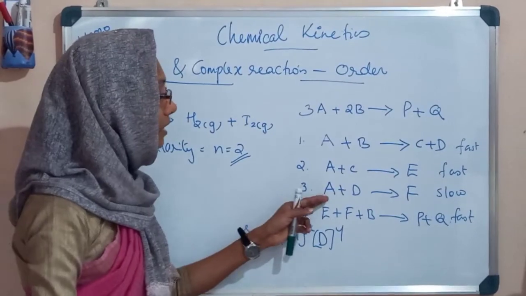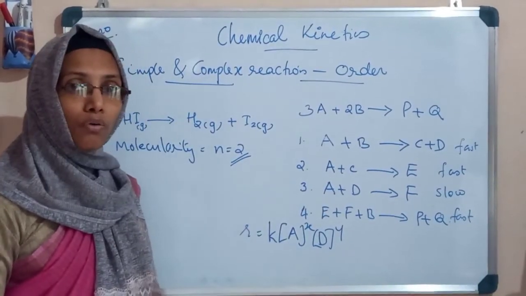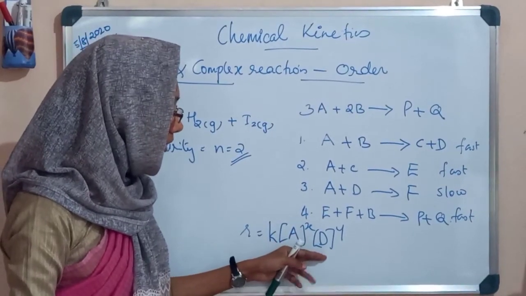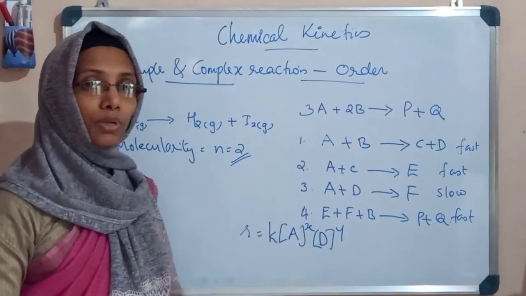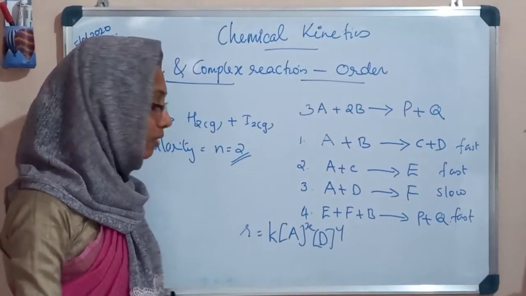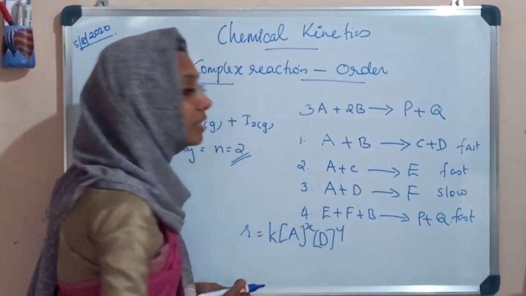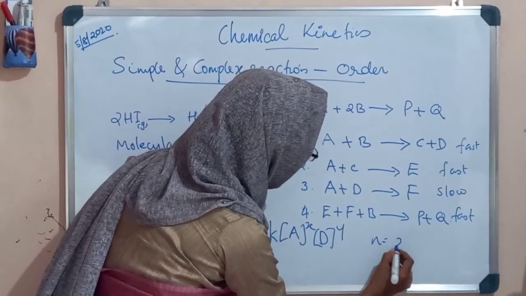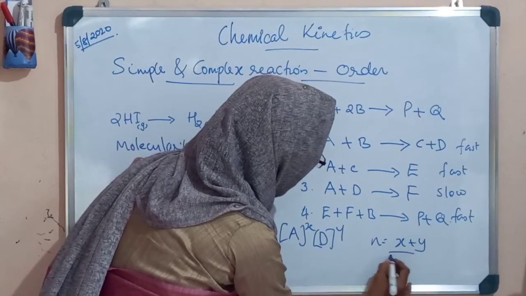The order of the reaction is the order of the slowest step, because rate is obtained experimentally, and order is also an experimental quantity. So the order of the reaction is the order of the slowest step, that is, n is equal to x plus y.